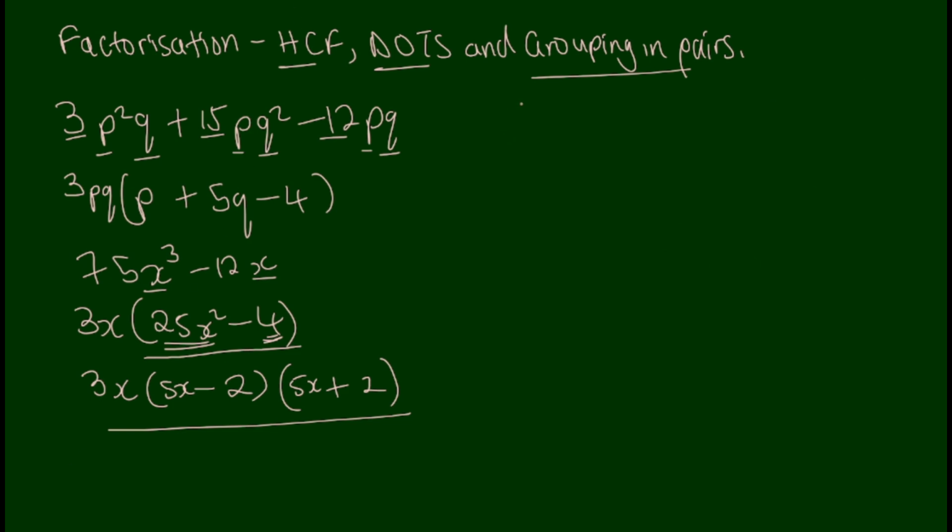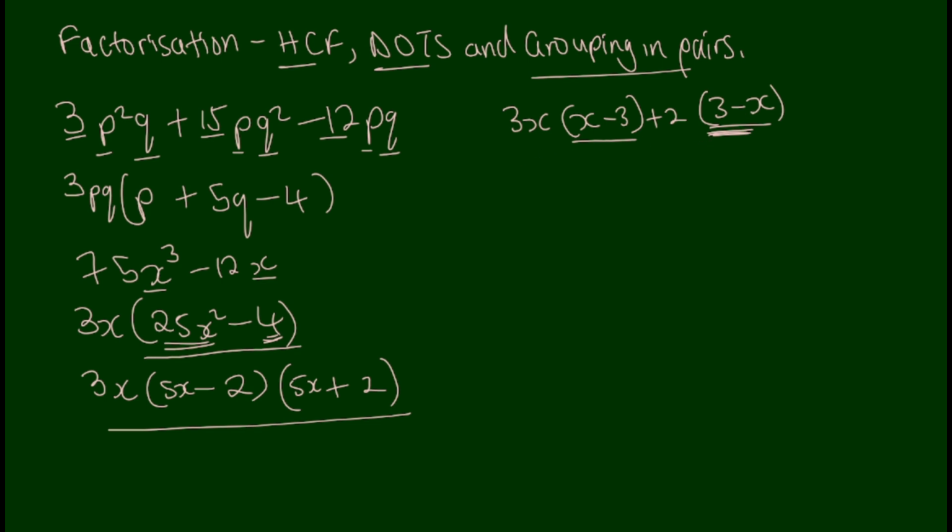Right, let's say we have a question like this. It says 3x times x minus 3, then plus 2 times 3 minus x. If you check these two brackets, they are almost the same, but they are not the same. x minus 3 and 3 minus x are different. How can we make this one become x minus 3 so that we have a common bracket?